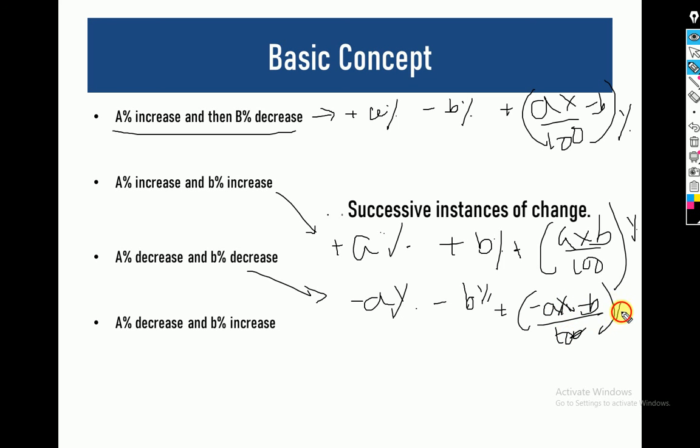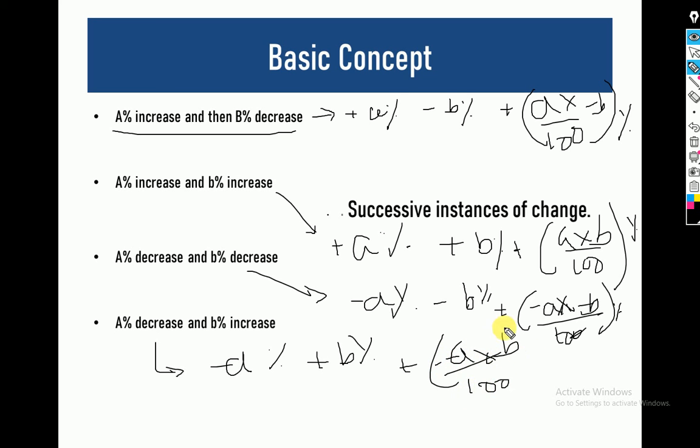This is in percentage. This one is minus a percentage, minus b percentage, plus minus a into minus b by 100%. So this is the general formula for successive.